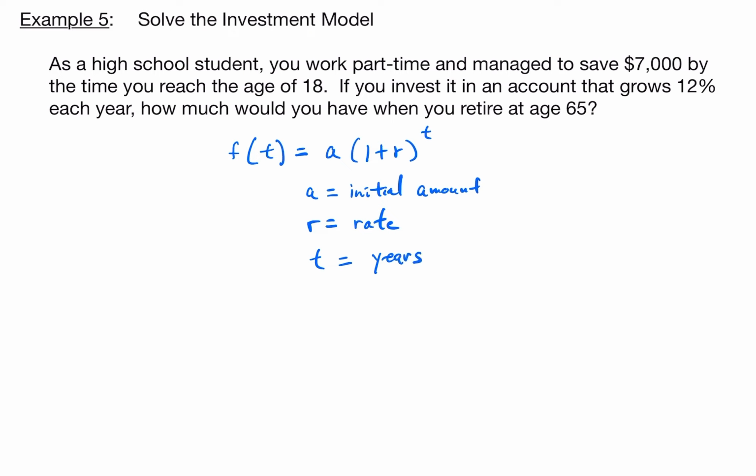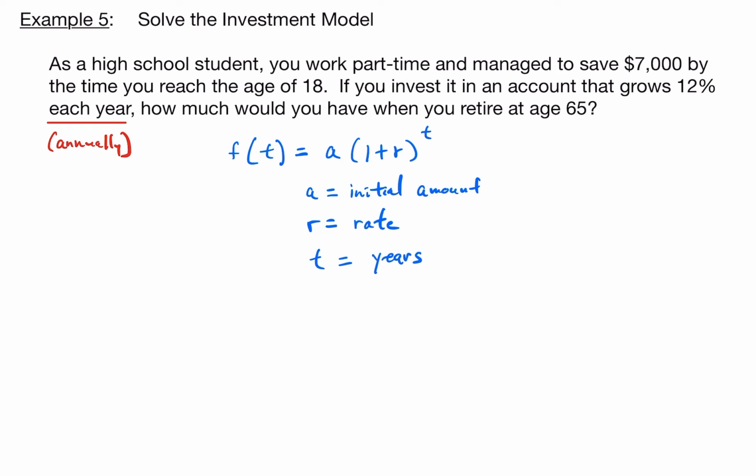Now, one caveat here is that if you notice in this word problem, the question is each year, okay? This is also another way of saying annually. Now, the equation that I provided you only works if we have a model that compounds annually, okay?